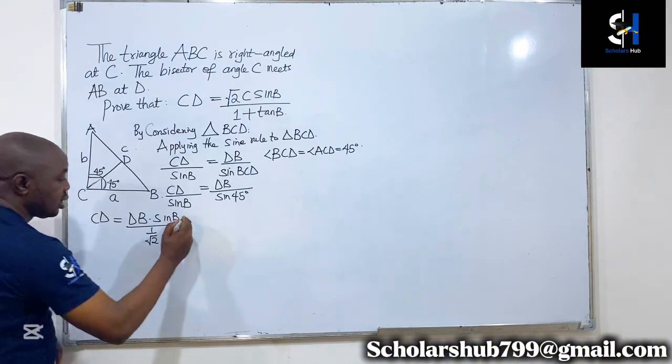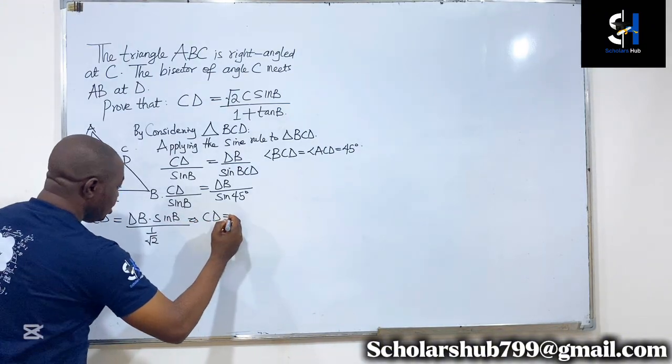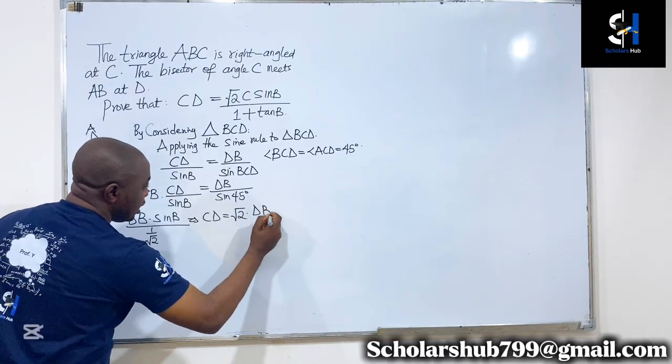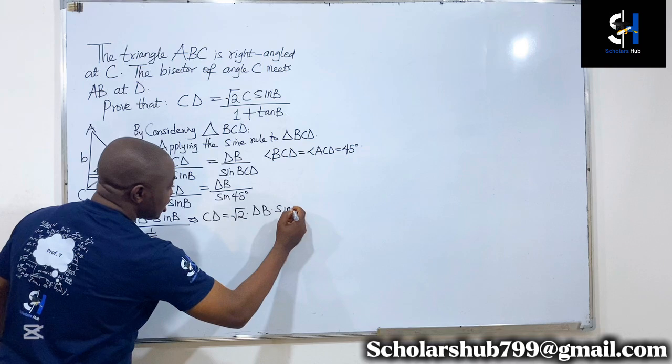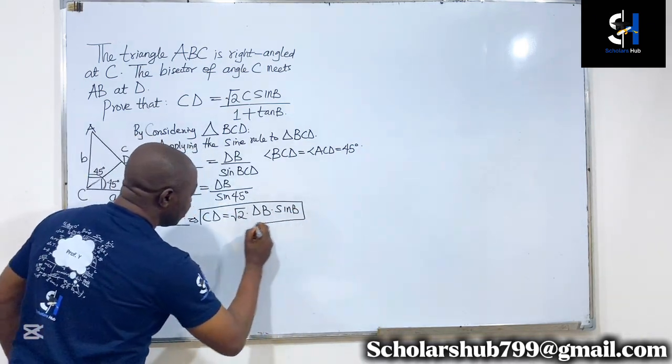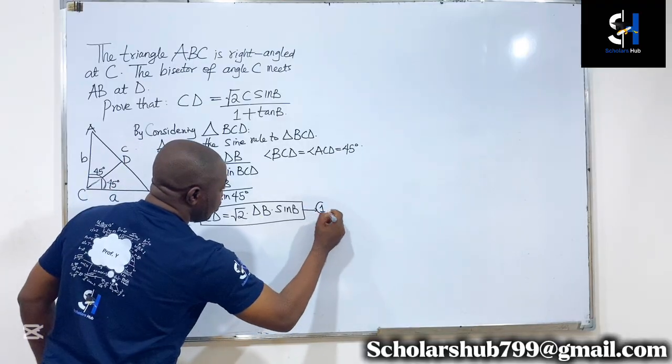So CD will equal the product of radical 2, DB and sine B. Let's call this equation 1.